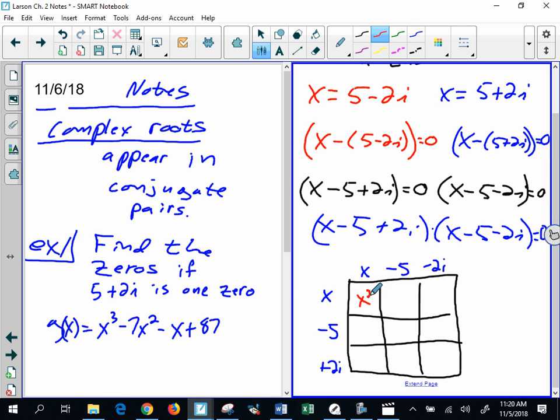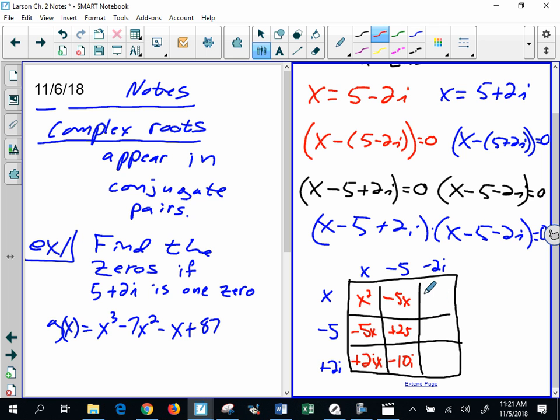X times x is x squared. Negative 5 times x is negative 5x. This is going to be a plus 2ix. I know it's not going to matter because they're going to cancel out because they're conjugates. Minus 5x plus 25. And here's where it starts to get interesting. I'm going to have a minus 10i here.